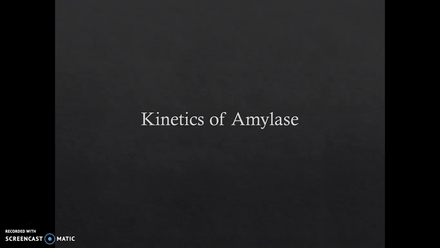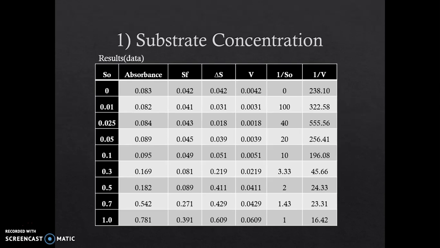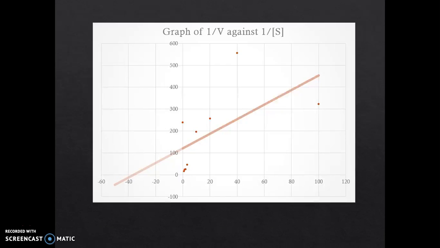Next, for the second part, which is kinetics of amylase. First, we observe the factor that affects enzyme activity, which is substrate concentration. So, this is our result. From the result, we plot the graph of 1 over V against 1 over concentration of substrate.